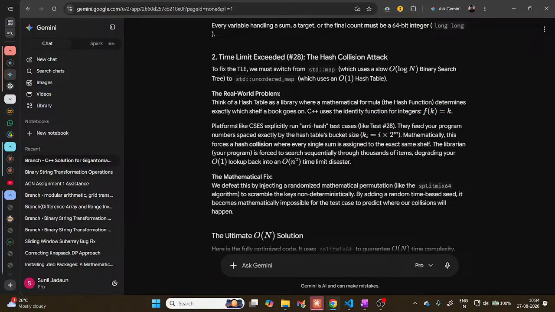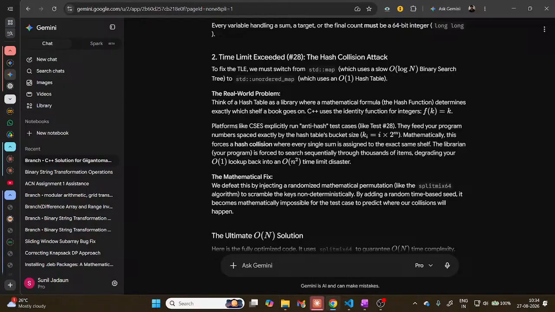Platforms like Codeforces literally run anti-hash test cases like test 28. They feed a program numbers spaced exactly by the hash table's bucket size. This forces the collision where each single sum is assigned to the exact same cell.